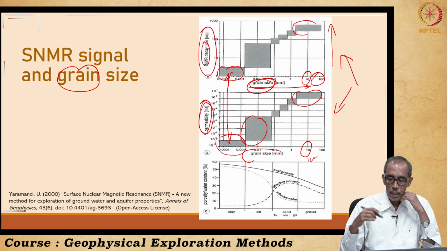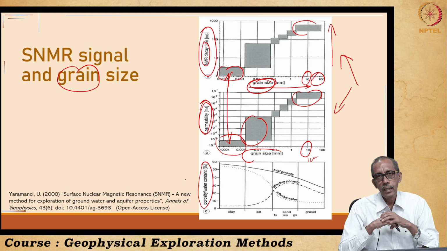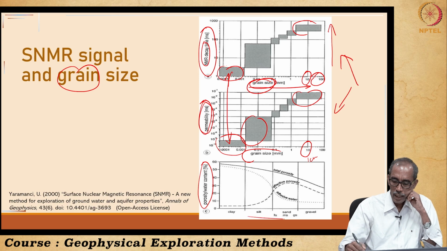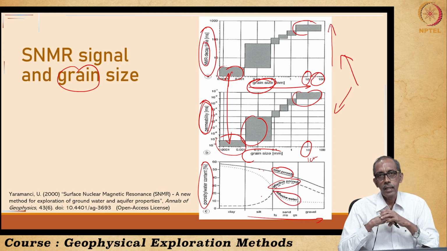Similarly, let us now focus our attention on water content. Water content in the saturated zone is the same as that of porosity. So, here is the grain size distribution. This is the total porosity. And here we have effective porosity as well as adhesive water.